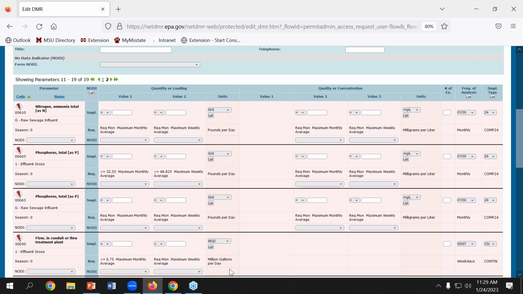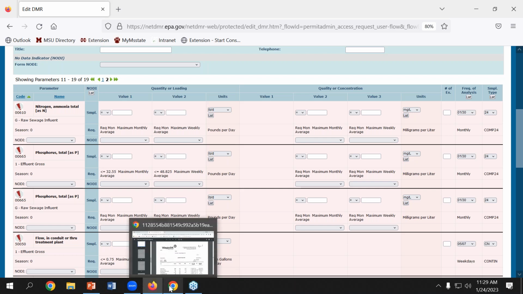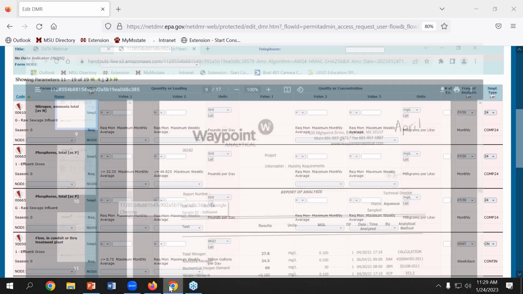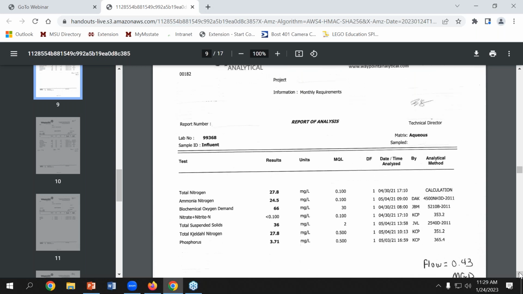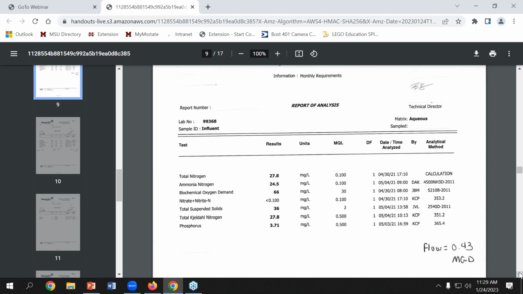Now, let's take a look at some sample data. Okay, this particular facility, as we mentioned before, samples monthly, but reports quarterly.